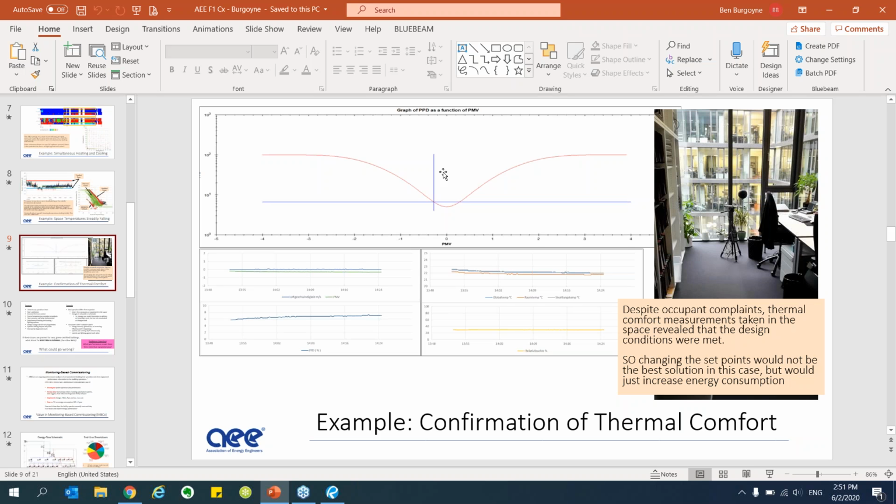I have to look at the exact units, but the closer you get to 0 reflects the amount of discomfort that people are experiencing in the space. And then the PPD is percentage of people dissatisfied, and because you can't please everybody, I think the goal is 80%, so less than 20% of persons dissatisfied.